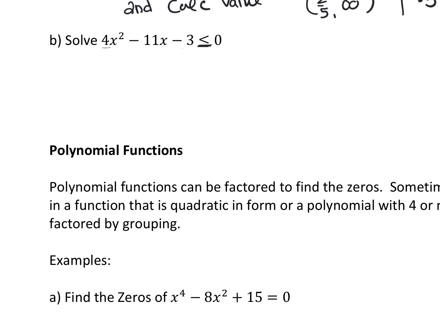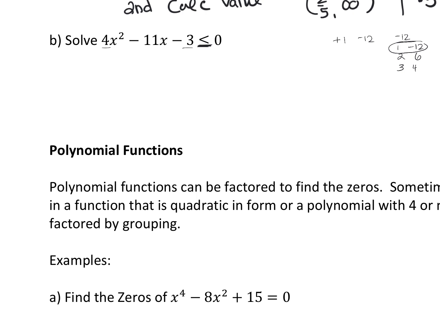So I'm going to do 4 times -3, which is -12. So I'm going to list my factors of -12, 2 and 6 and 3 and 4. And I notice right away, +1 and -12 will get me that -12 and the -11 in the center.